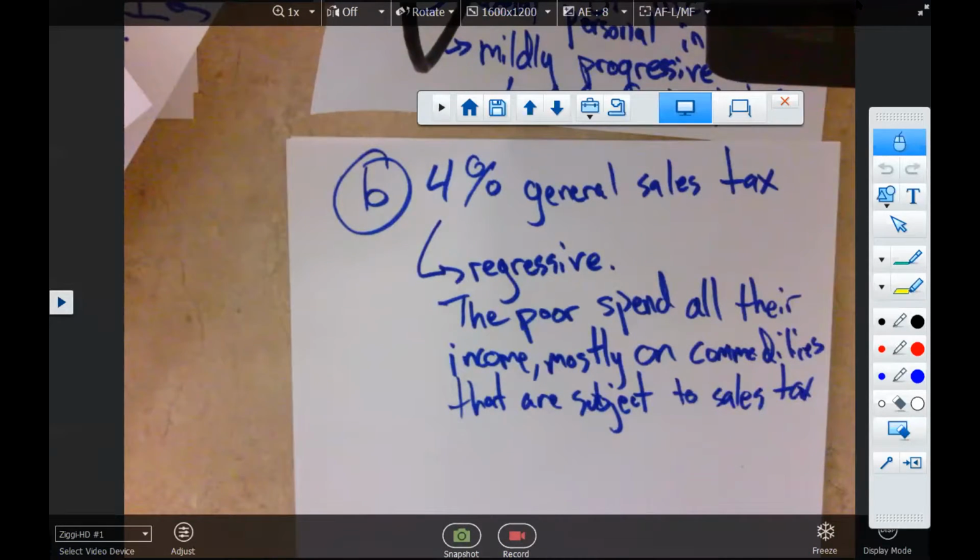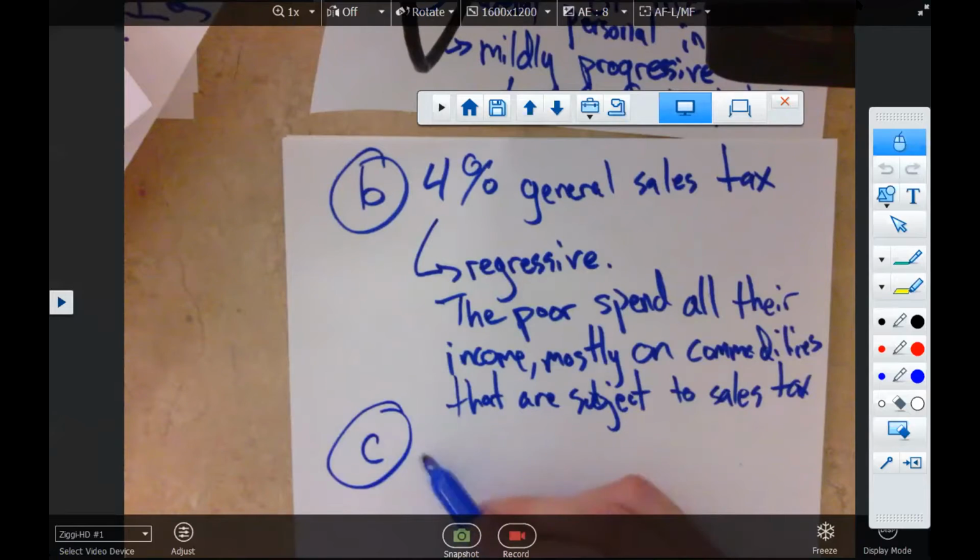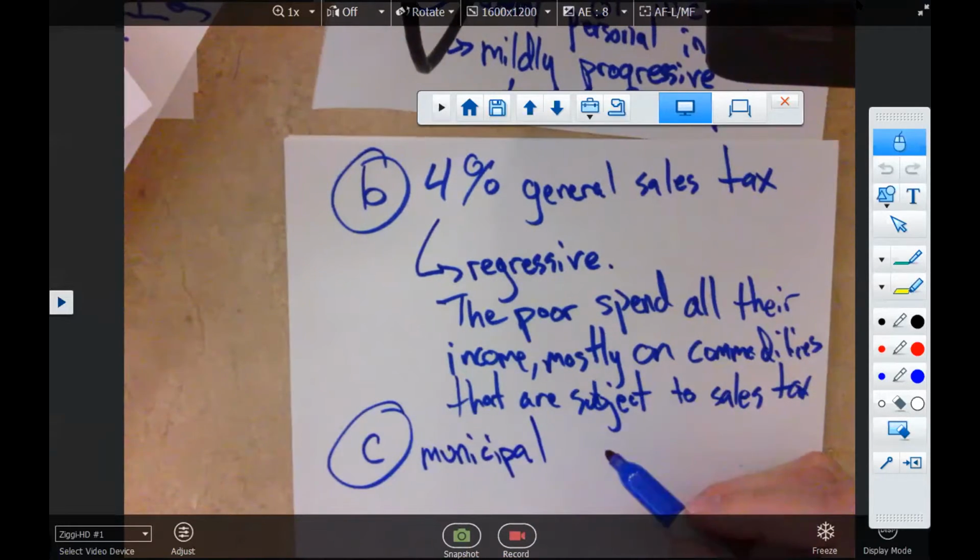Then what about a municipal property tax on real estate? I know we're getting into that really interesting stuff.